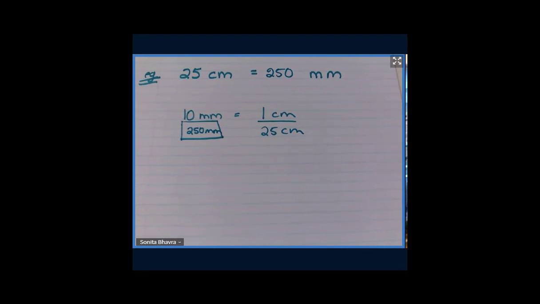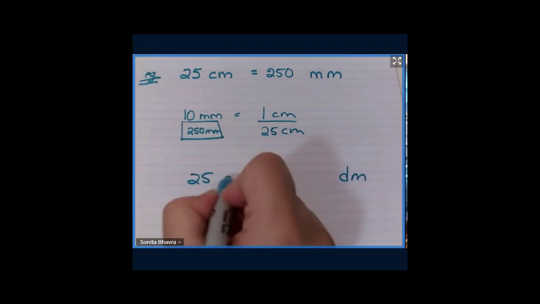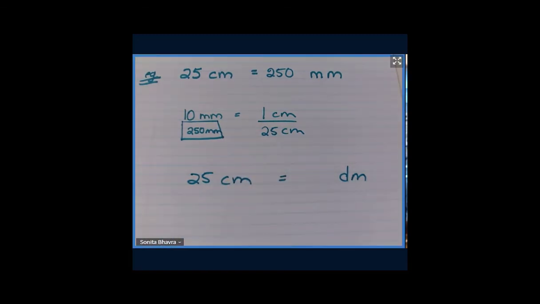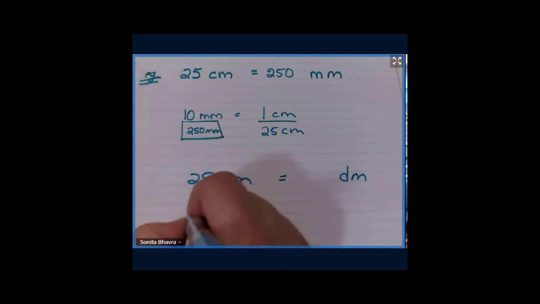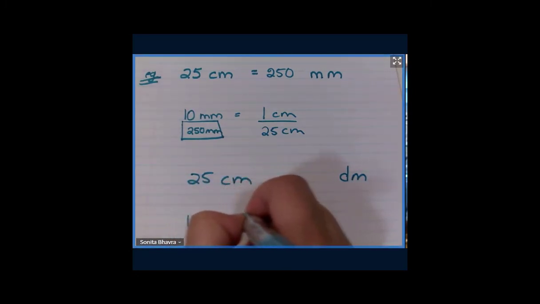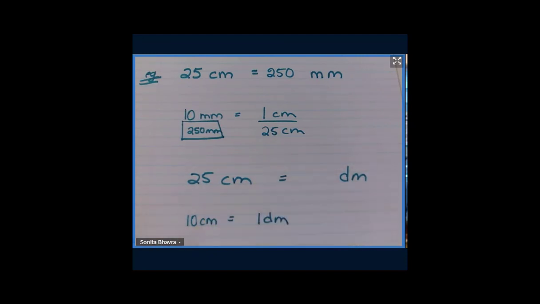Now let's say you have the same measurement, 25 centimeters, and this time we have to put it into decimeters. So how much would it be in decimeters? You can use the conversion that is given in the chart, which is that 10 centimeters is equal to 1 decimeter.